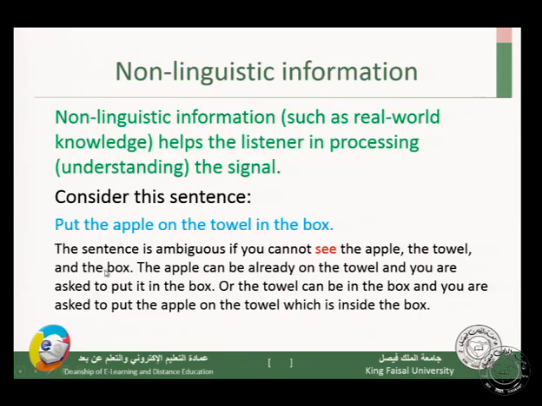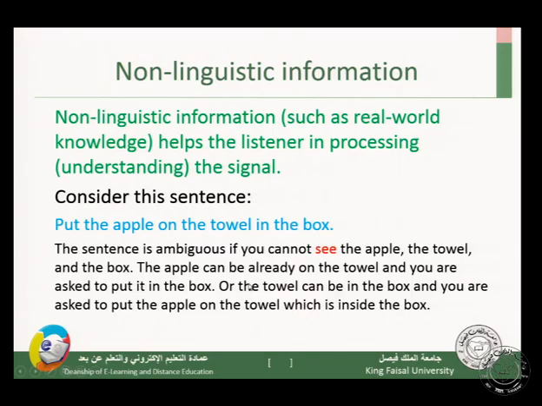Okay? There are two meanings for the sentence. The first is that the apple can be already on the towel and you are asked to put it in the box, or the towel can be inside the box and you are asked to put the apple on the towel which is inside the box.